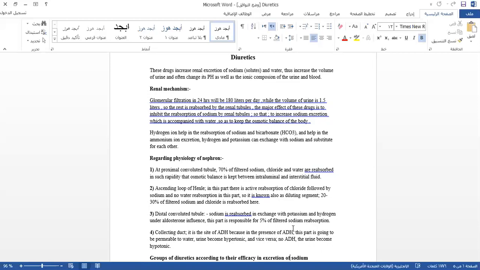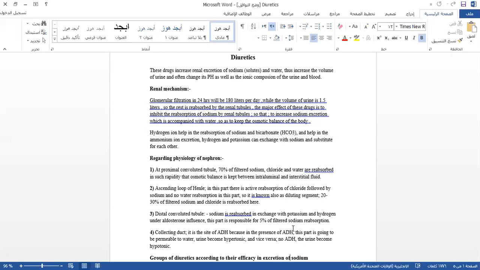Regarding the physiology of the nephron, as you studied in physiology, at the proximal convoluted tubule 70% of filtered sodium, chloride, and water are reabsorbed by simple diffusion with such rapidity as to keep the osmotic balance between the intraluminal and interstitial fluids. That means 70% of filtered sodium, as mentioned, from 180 liters per day, which is filtered through the glomeruli.